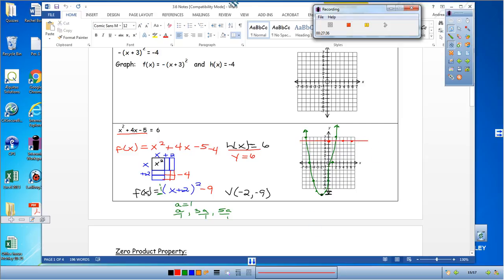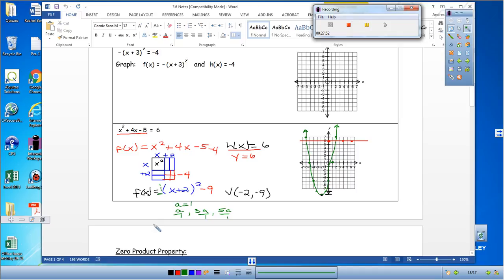Now yours are probably a little bit more accurate than mine. Wonderful graph because it curves so much here. Let's see. I can't make it any better with this thing.